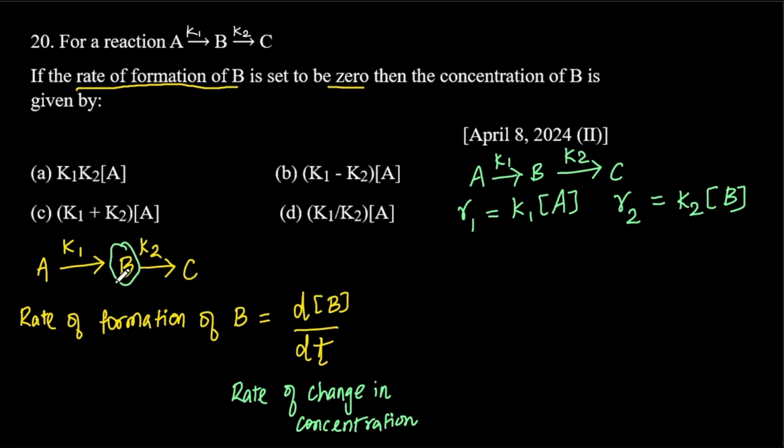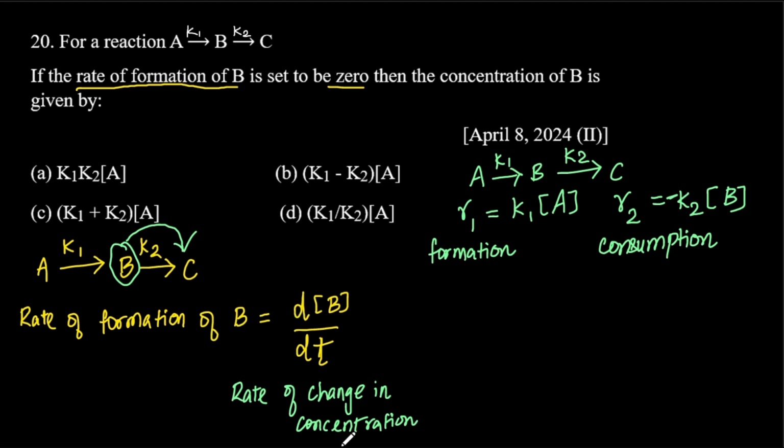First, B is formed. R1 is the rate of formation of B. And then B is consumed to give C. So, R2 is the rate of consumption of B. As B is consumed to give C, this rate with respect to B will be negative.